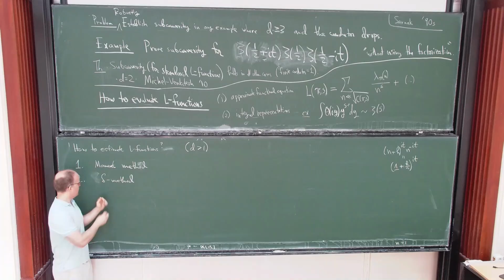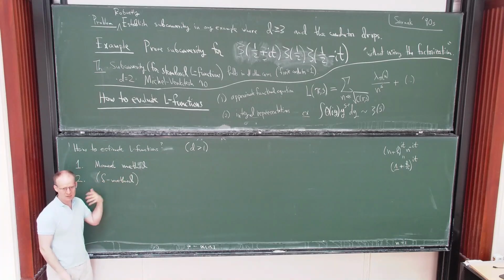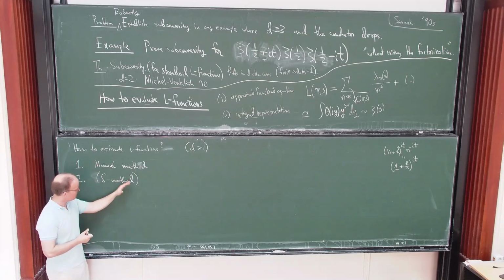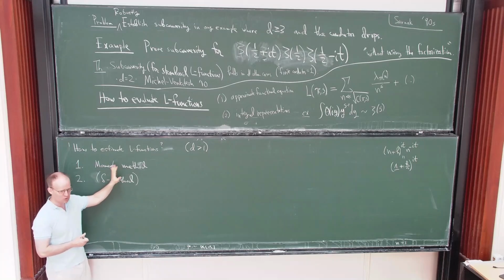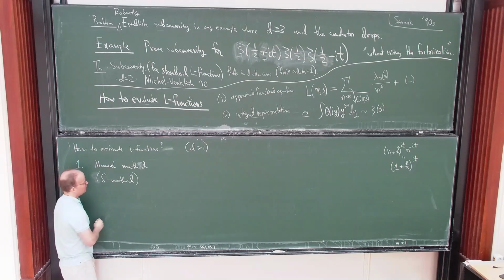I'm not going to say much about the delta method, because it's, at least by me, a not well understood technique. It's very simple to describe at a mechanical level, but I'm just going to assume that most delta method applications can be folded into the moment method, and so I'll focus on the moment method here.